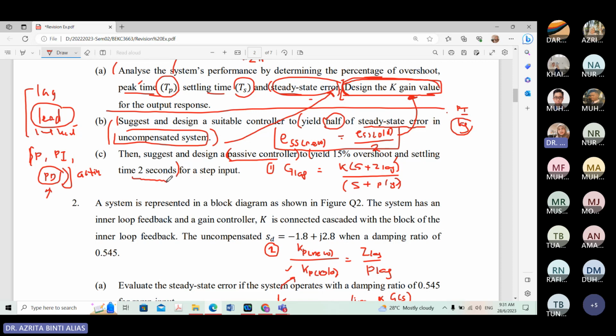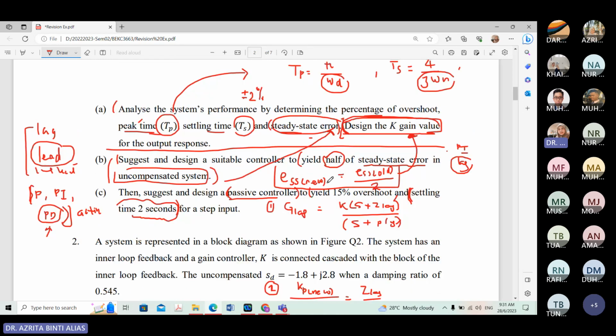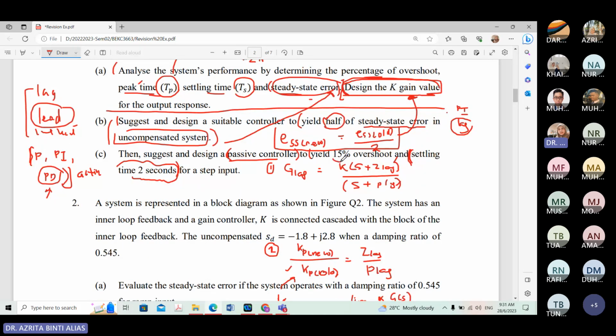Because the settling time here is 2 seconds. The objective for the settling time must be 2 seconds, and also the percentage of overshoot must be designed at 15%. So that's why the lead controller is the one we need to design.